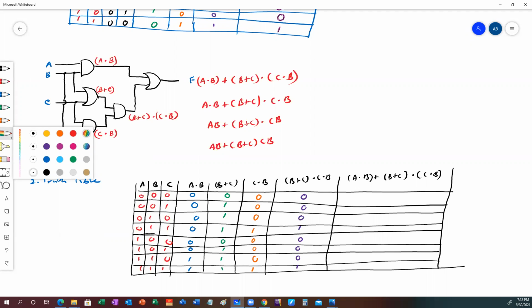See, right, then these two ending. 0, 0, 0, 1, 0, 0, 0, 1.